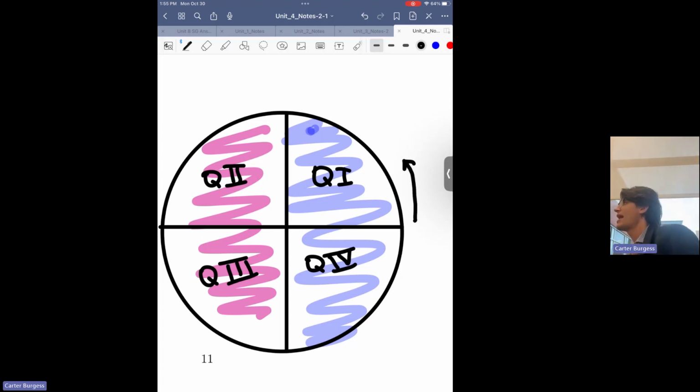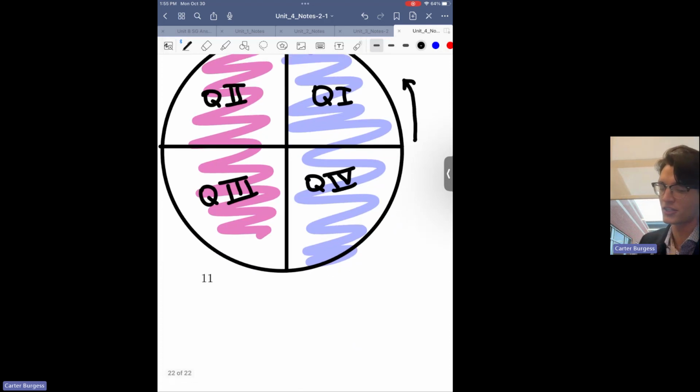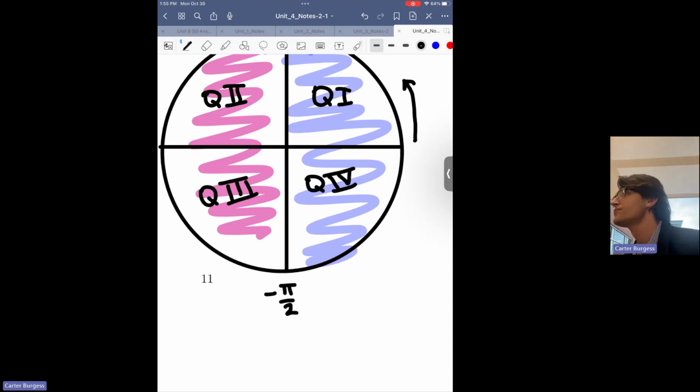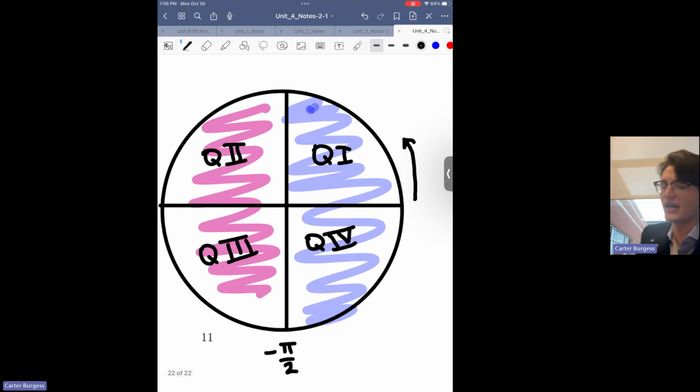The solution that we have is, rather than starting at 0, we're going to start in quadrant 4. We're going to start at negative pi over 2, and we're going to rotate counterclockwise, rotate normally, until we reach pi over 2, and that will give us all of quadrant 4 and all of quadrant 1.